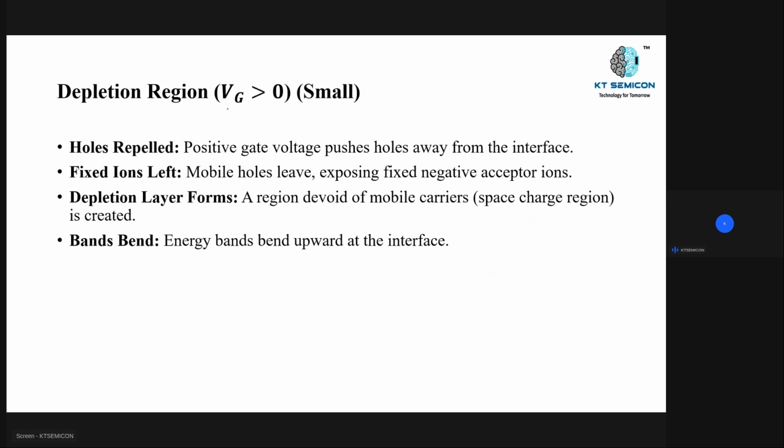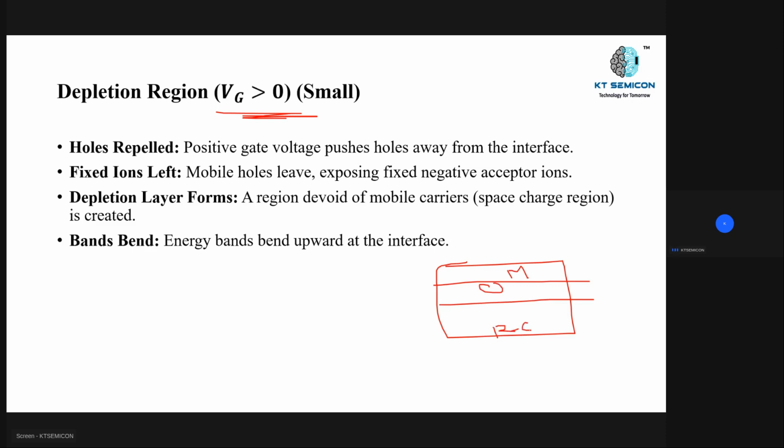After that, we apply a small amount of positive voltage. Now what happened? Again, this is my metal, this is my oxide, and this is my p substrate. At the gate, we apply a small positive voltage.